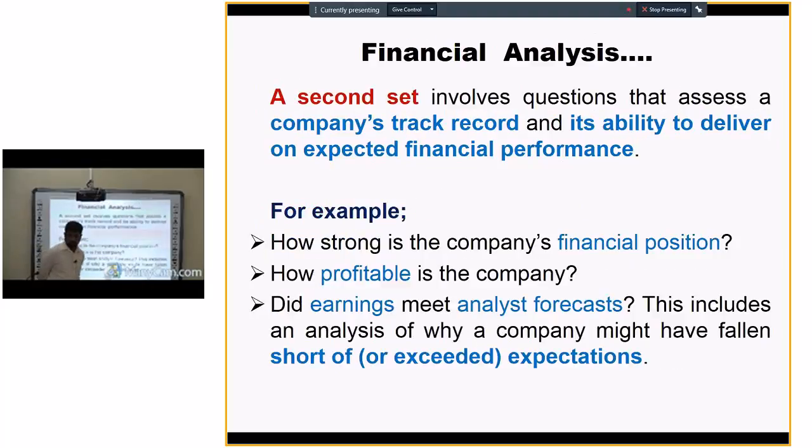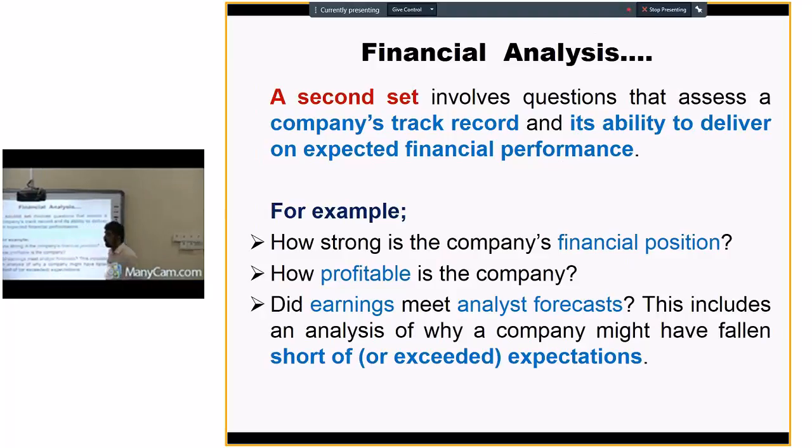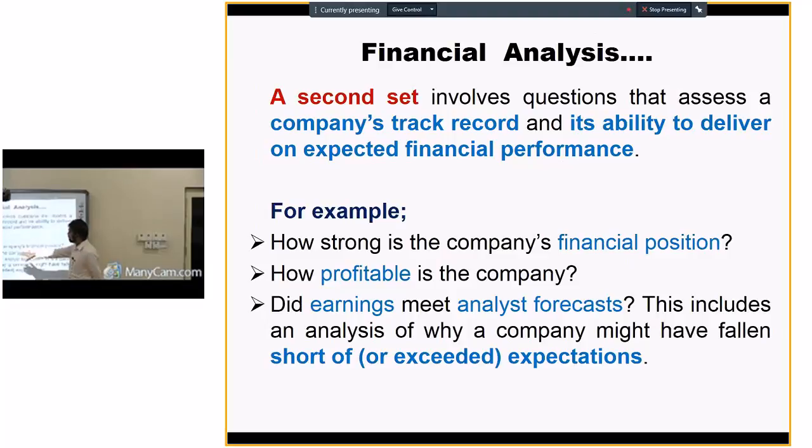Not only that, the second set involves questions that assess the company's track record, its ability to deliver on expected financial performance. Yes, how strong is the company's financial position? By using the statement of financial position, you can make this decision. The next one, how profitable is the company?